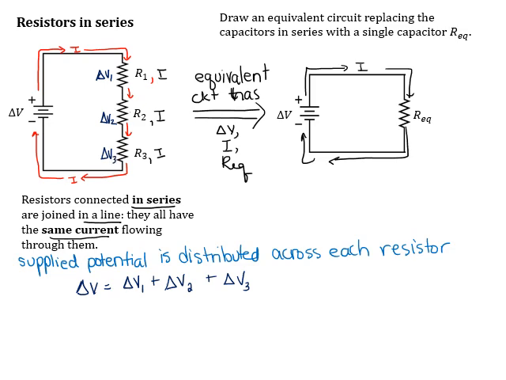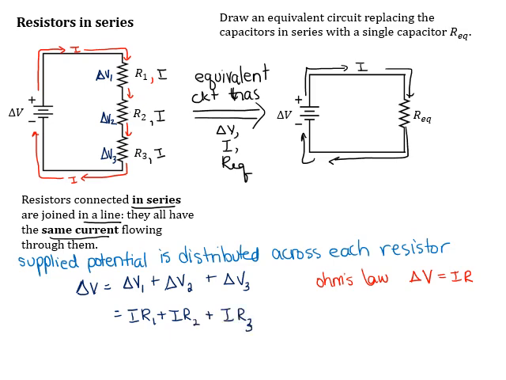Here's where we remember Ohm's law, which says that delta V equals I times R. I said V, but I wrote I. So for our three potentials, delta V1, delta V2, and delta V3, we've got I times R1 plus I times R2 plus I times R3.